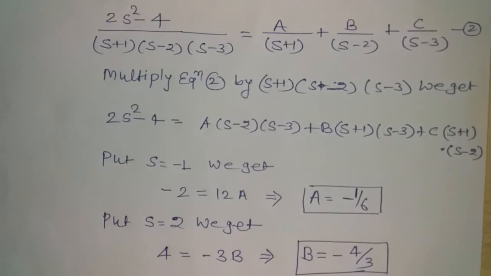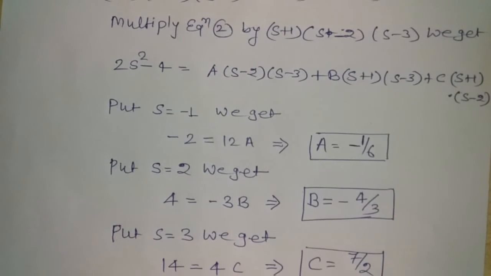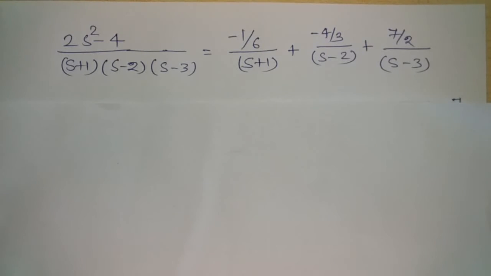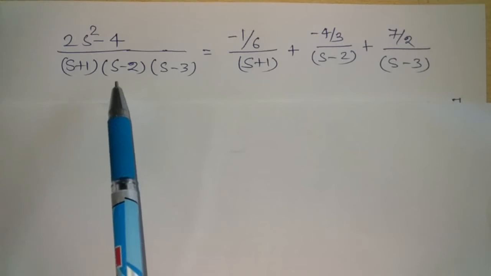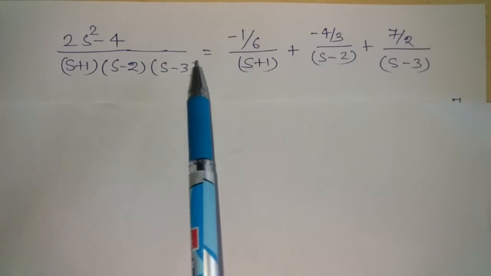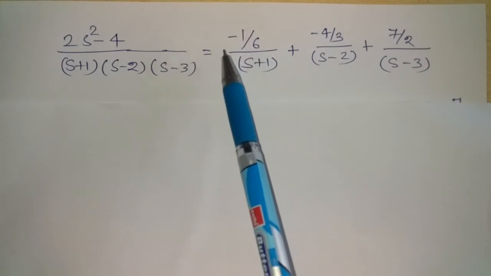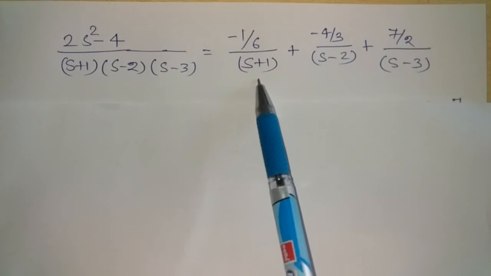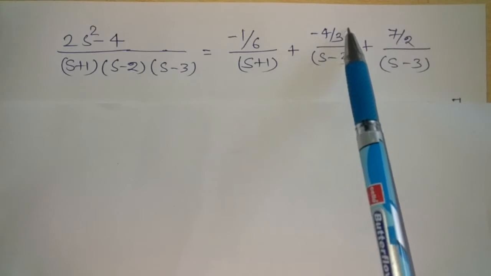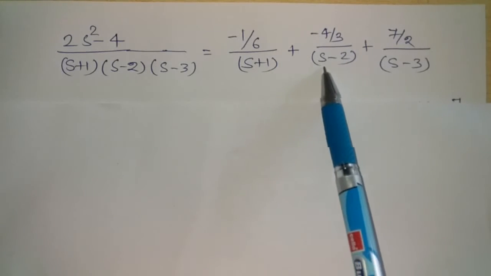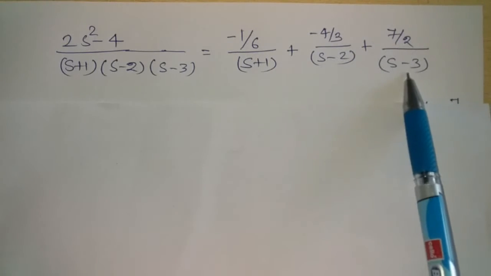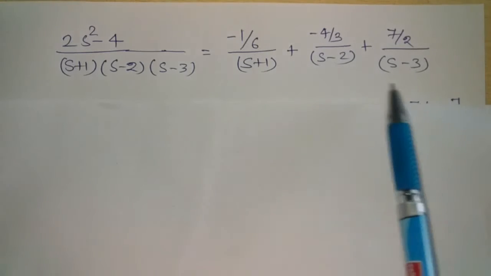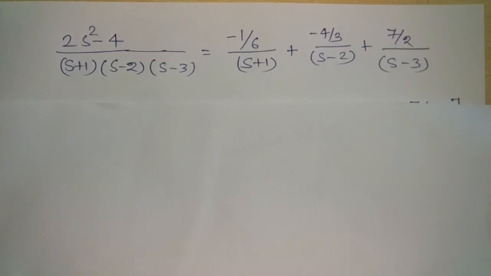We get, after putting the values of a, b, c in equation 2, 2s square minus 4 upon s plus 1 into s minus 2 into s minus 3 equal to minus 1 by 6, which is the value of a, upon s plus 1, plus minus 4 by 3, which is the value of b, upon s minus 2, plus 7 by 2, which is the value of c, upon s minus 3. So this completes the partial fraction of the given expression.